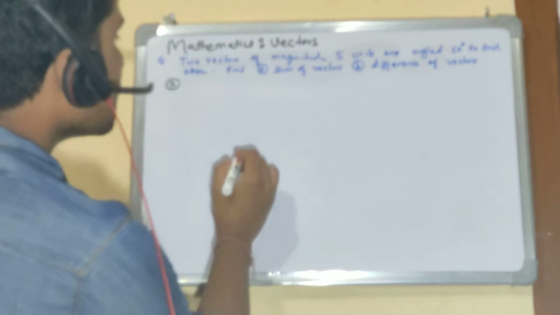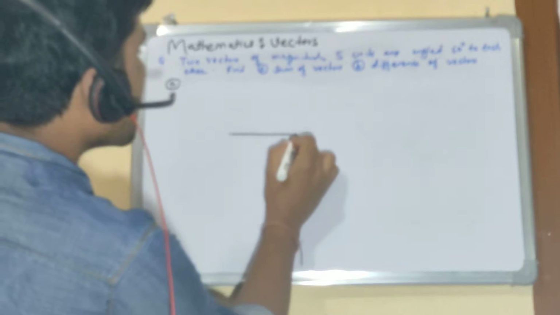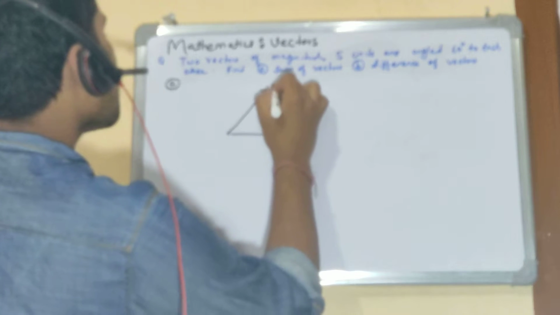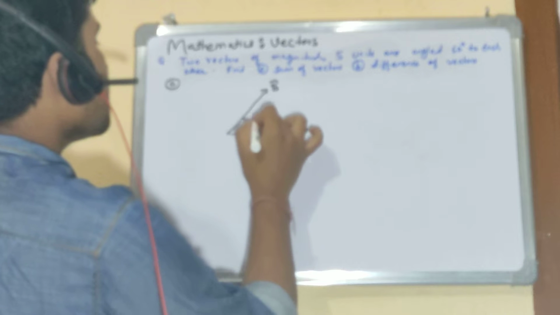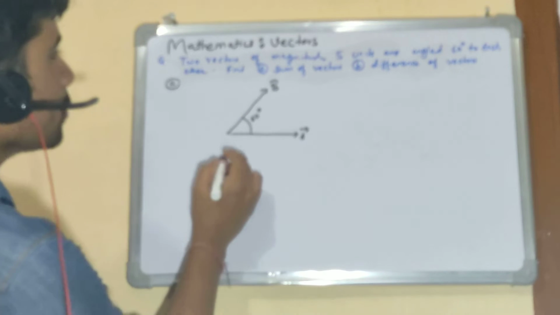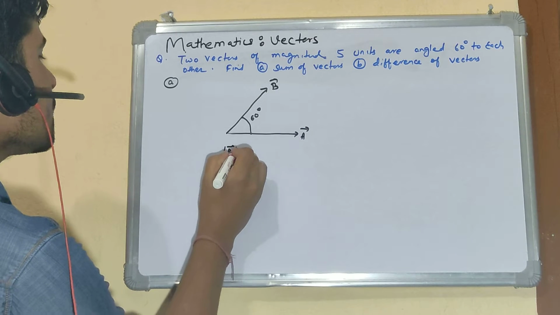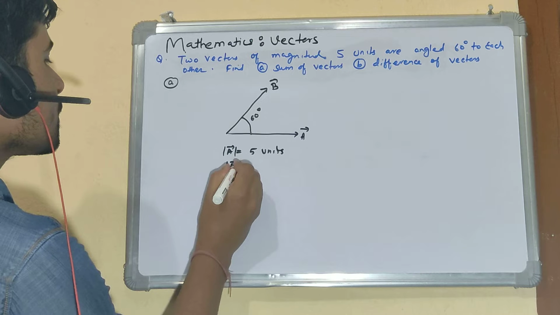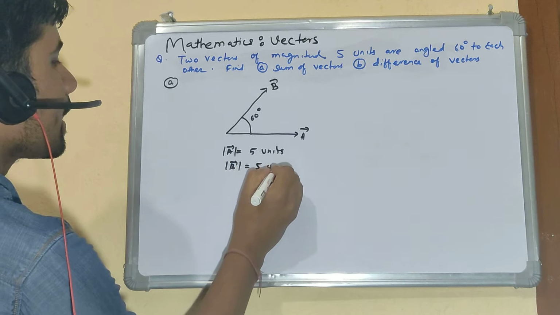So let's say there are two vectors, A vector and B vector. The angle between A vector and B vector is 60 degrees. We know the magnitude of A vector is 5 units. The magnitude of B vector is again 5 units.